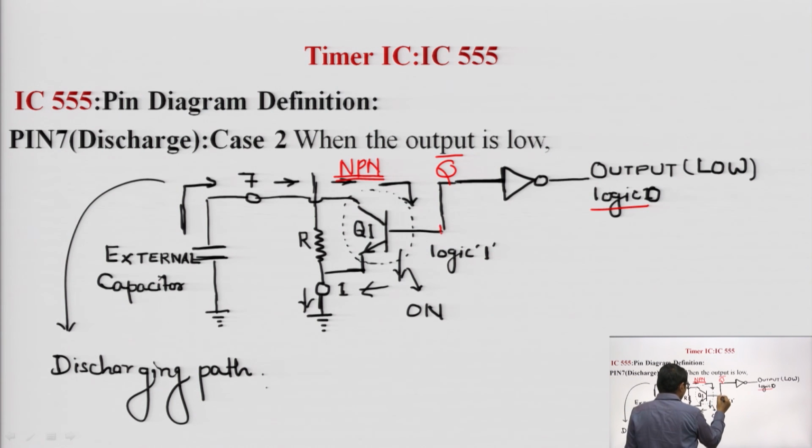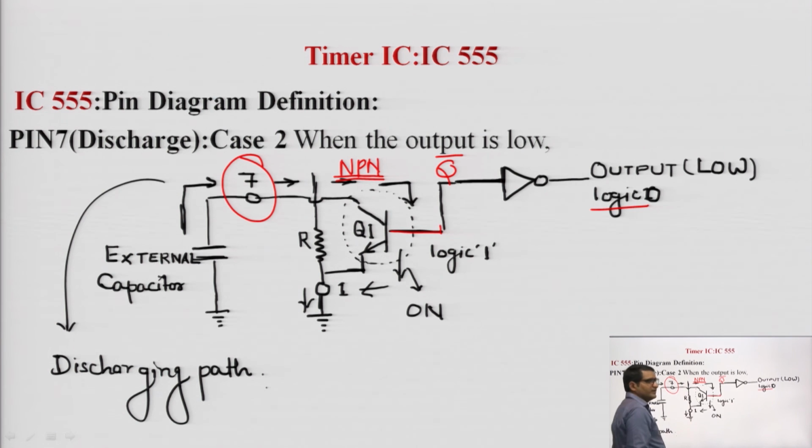If the base is logic 1, it goes to the on state and provides a discharging path for the external capacitor. So the external capacitor discharges with the help of the NPN transistor Q1, whose collector is connected to pin number 7. So pin number 7 is defined as the discharge pin.